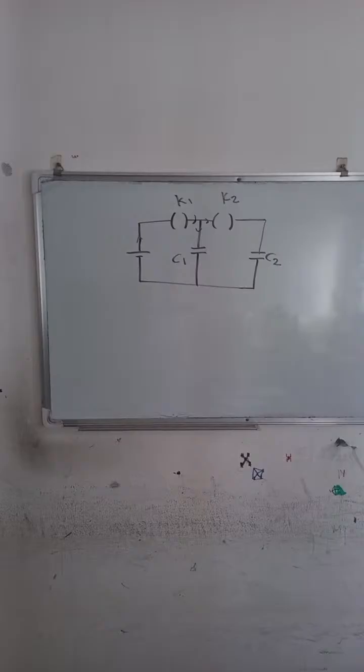If one of them is filled with dielectric substance K, what is the effective capacitance? Let me repeat: two capacitors of capacitance C are connected in series, if one of them is filled with dielectric substance K, what is the effective capacitance?